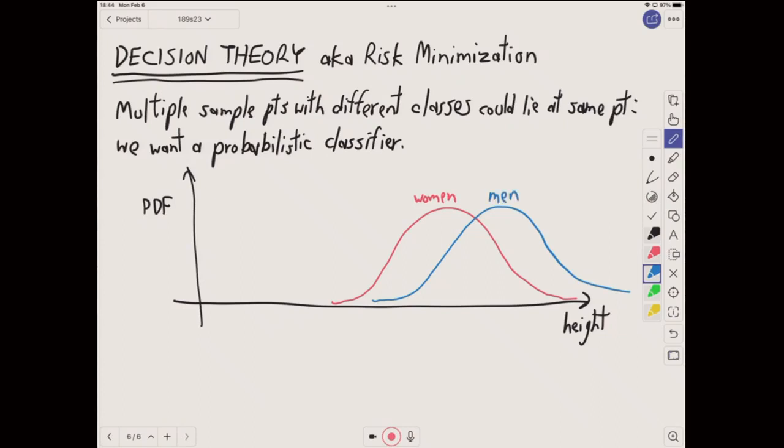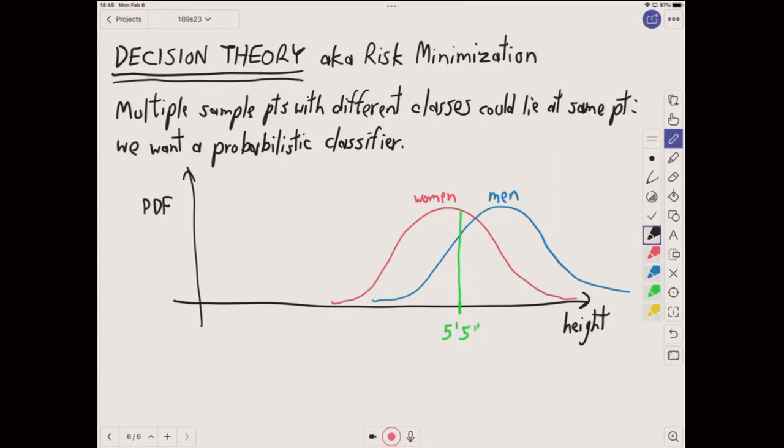And so the problem I'm asking here is, someone is 5 feet 5 inches tall. What should I predict about that person's gender if that's all I have to go on? Well, the best guess we can do is we can say at that height there are more women than men, so I'm going to guess it's a woman. Of course, I could be very wrong about that. 40% of the time it'll be a man, but that's the best I can do with such limited data.